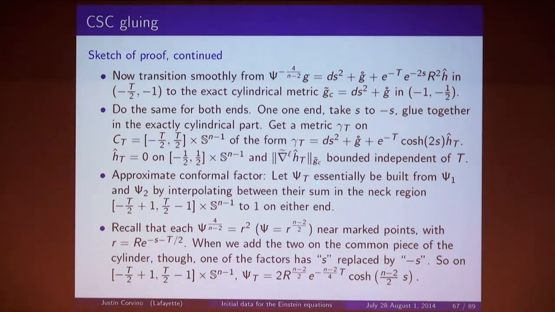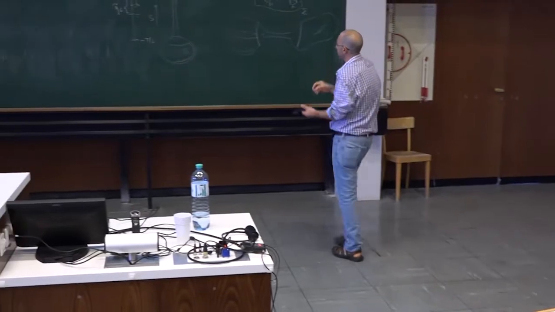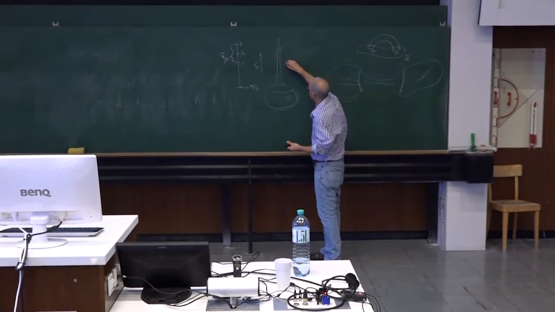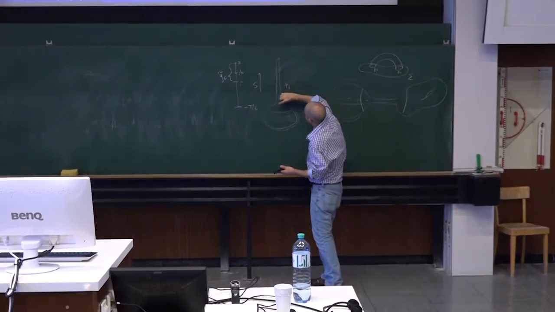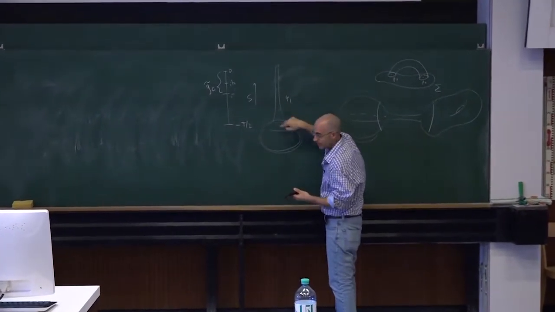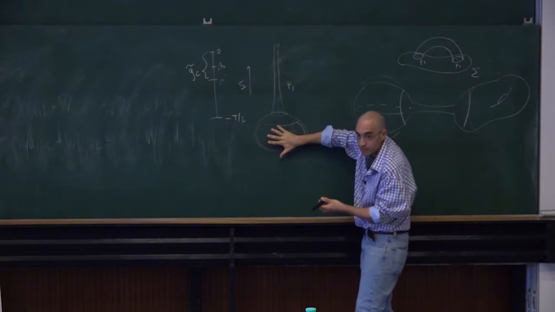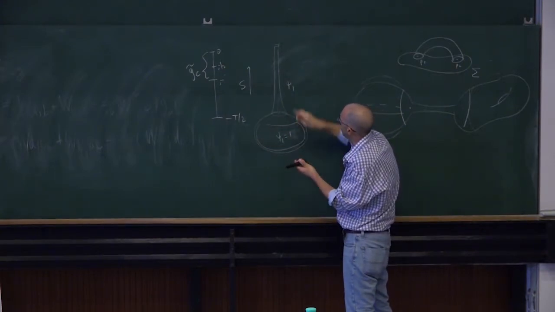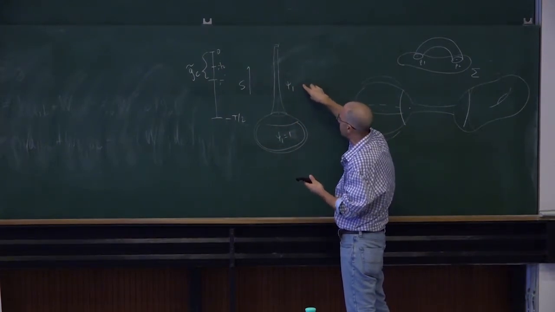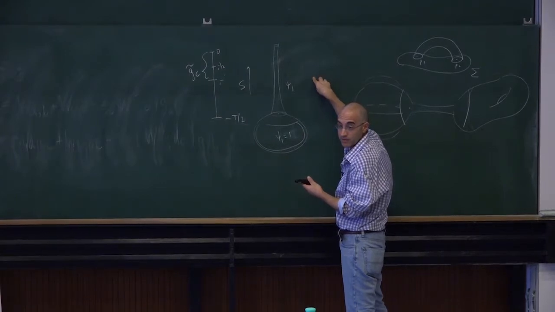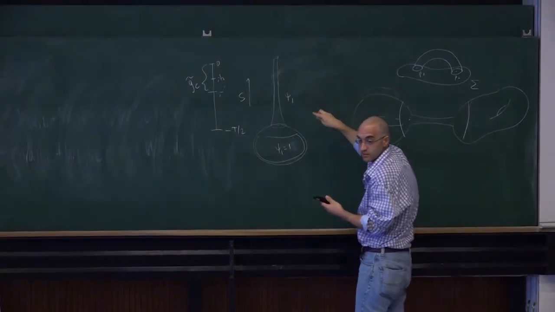Let psi t be the following. So you're going to take psi 1 and psi 2. Those were the conformal factors, let's call psi 1, let's say, that blew up each piece individually. So psi 1 equals 1 away from the gluing region. Inside the ball, psi 1 was equal to roughly r to some power. Okay?